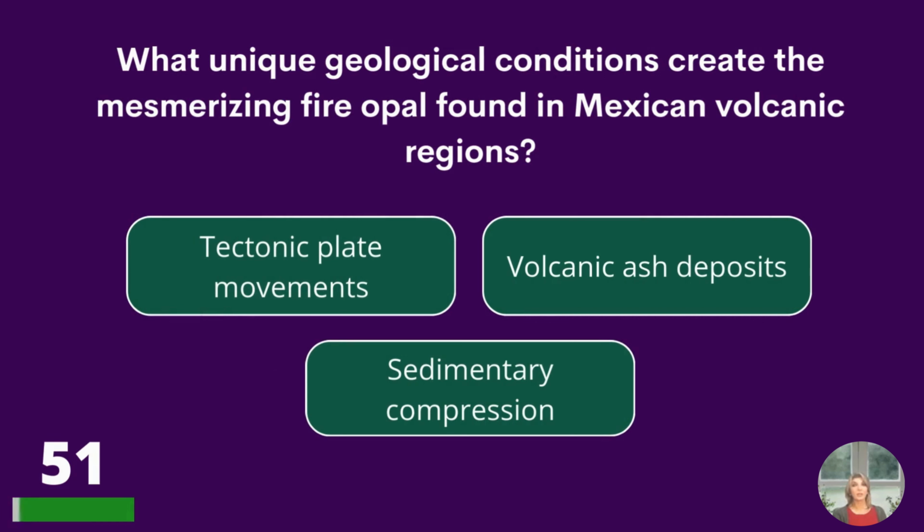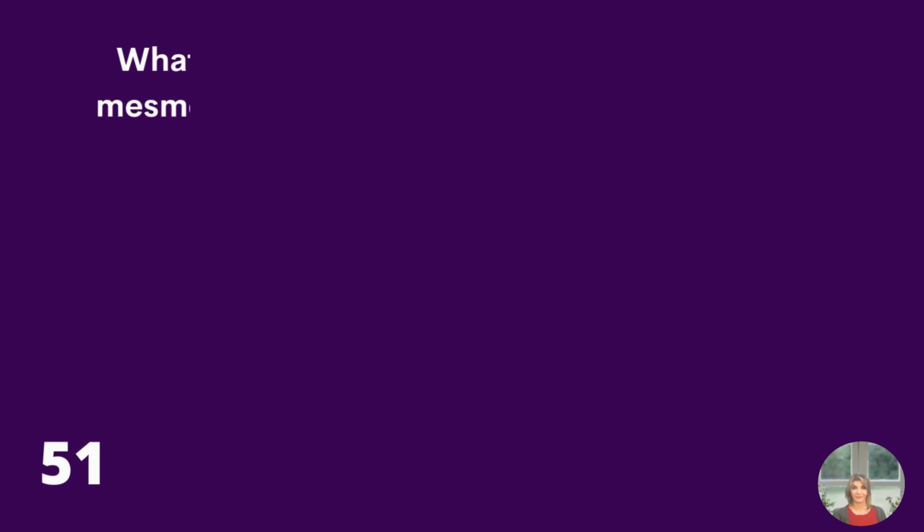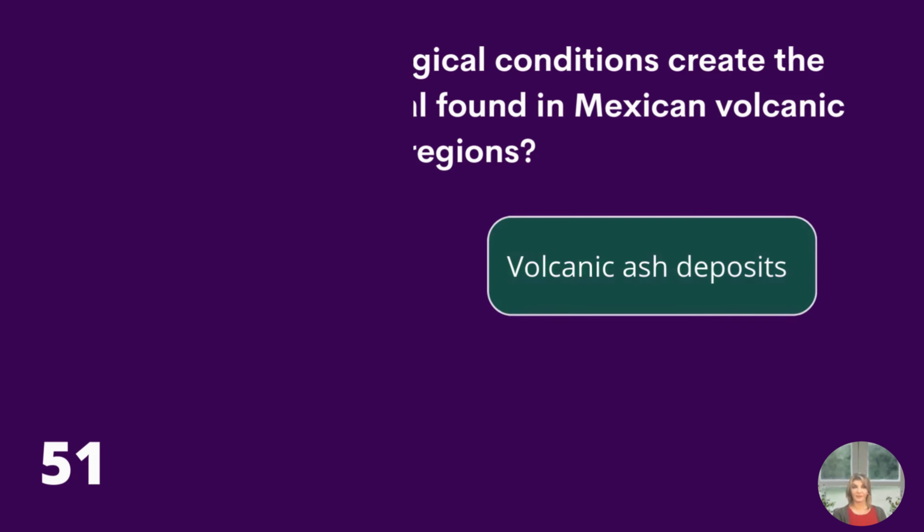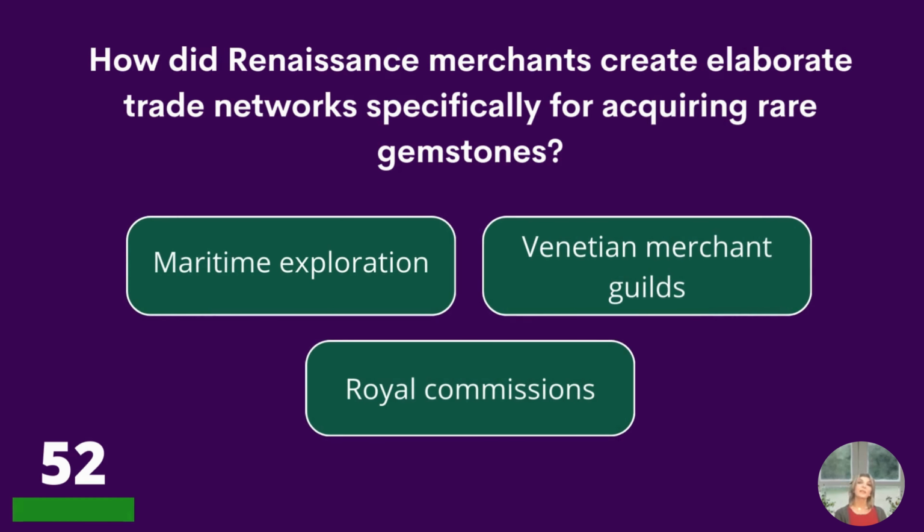What unique geological conditions create the mesmerizing fire opal found in Mexican volcanic regions? Volcanic ash deposits. How did Renaissance merchants create elaborate trade networks specifically for acquiring rare gemstones?